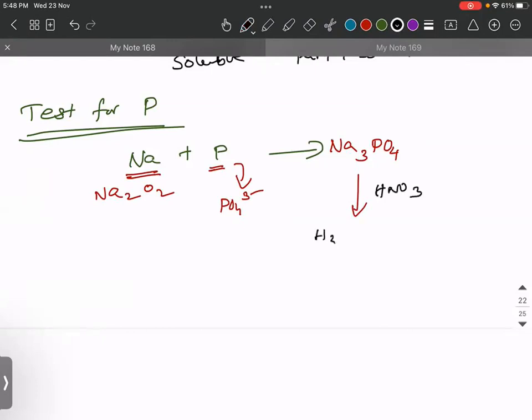It becomes H3PO4 plus NaNO3, so 3HNO3 gives 3NaNO3. Now this is H3PO4, phosphoric acid.